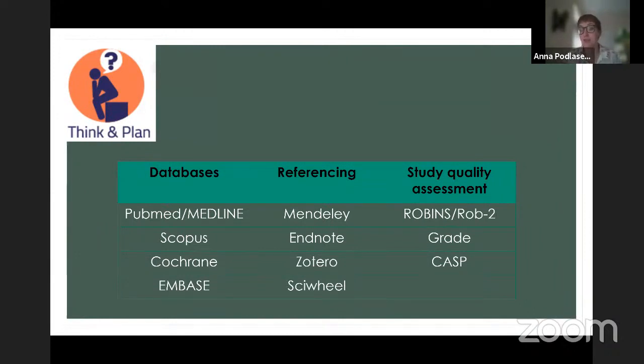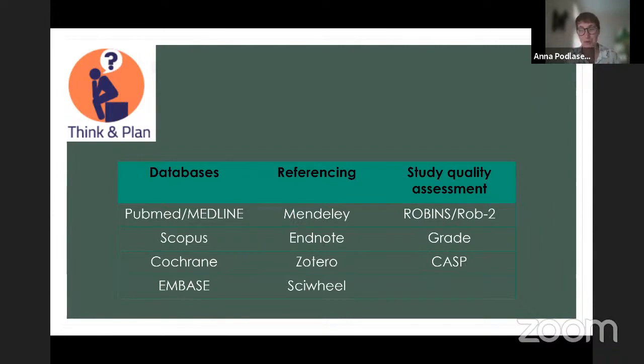The databases that are most used in the medical world are PubMed or Medline, Scopus, Cochrane, and Embase. There are some more specialized ones. For example, if you're interested in rehabilitation, there is PEDro. If you're more interested in psychology, there's PsycINFO. And there's a lot of engineering literature, which is very important for interventional radiology and robotics, that can also give you additional information.